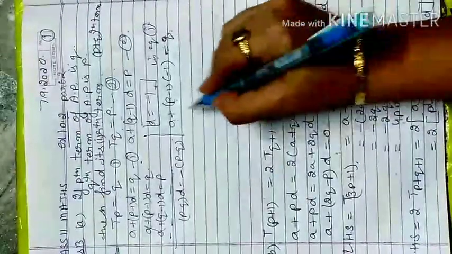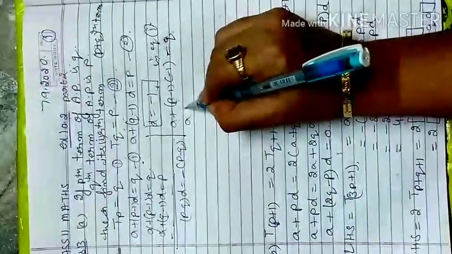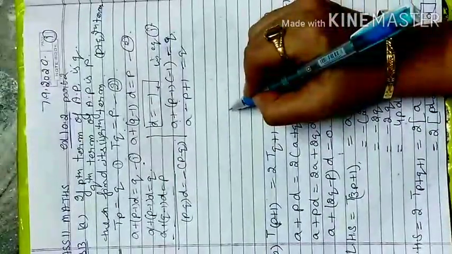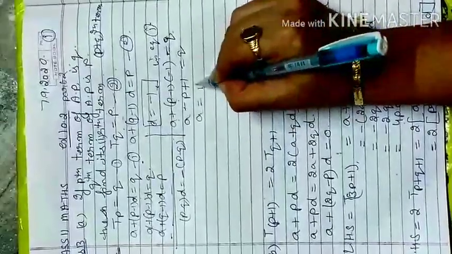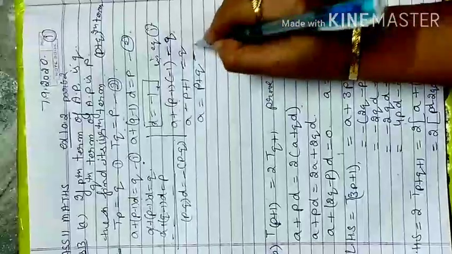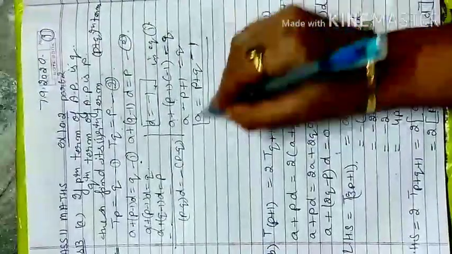Now when you open this, a minus p plus 1 is equal to q. Then a is equal to p plus q minus 1.